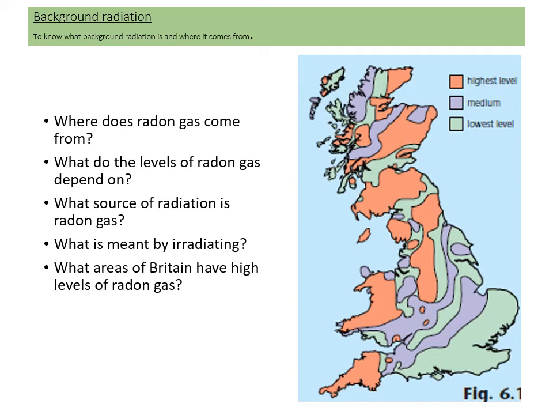What do the levels of radon gas depend on? What source of radiation is radon gas? What is meant by irradiating? What areas of Britain have high levels of radon gas? I'm going to read through this together. Then you can have a go at the questions. Then I will give you what I think the answers are.